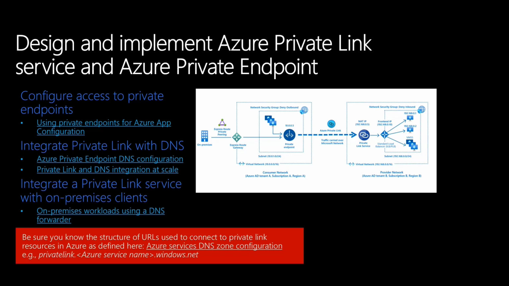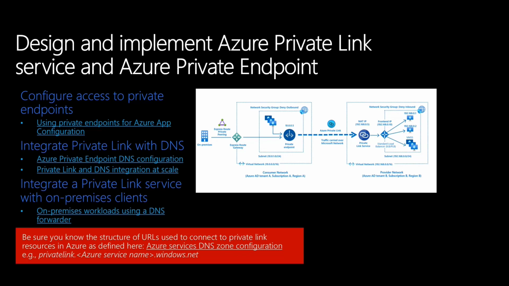The private endpoint uses an IP address from the virtual network for your app configuration store. Then network traffic between the clients on the virtual network and the application configuration store traverses the VNet using the private link on the Microsoft backbone network. And so that traffic is never exposed to the public internet.